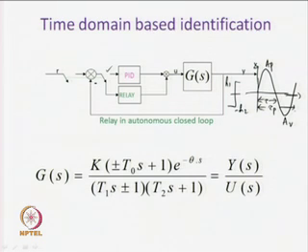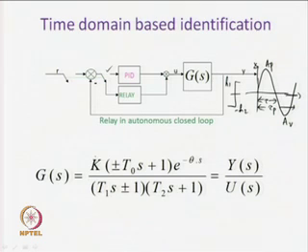So, by making 4 measurements, it is possible to estimate 4 unknowns associated with the transfer function model, whereas we have 5 unknowns in the transfer function model. Those are the steady state gain k, the zero t 0, and 2 poles with time constants t 1 and t 2, and along with that we have the dead time associated with the system, given by theta.